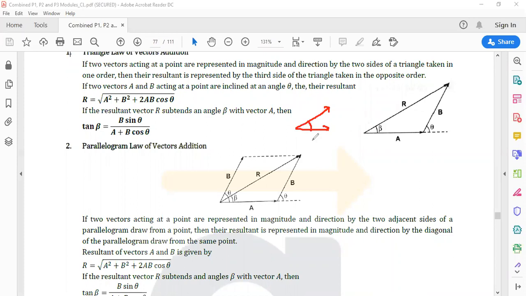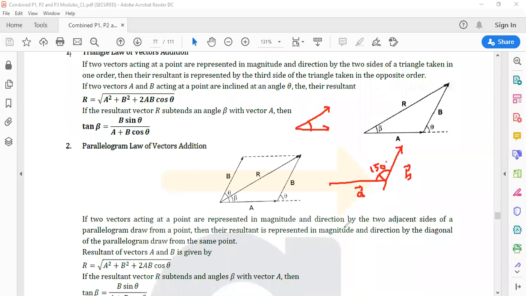Okay, so I guess all of you understood what the angle between two vectors is. Suppose we have vectors like this. This is vector A and this is vector B, and this angle is 150 degrees.